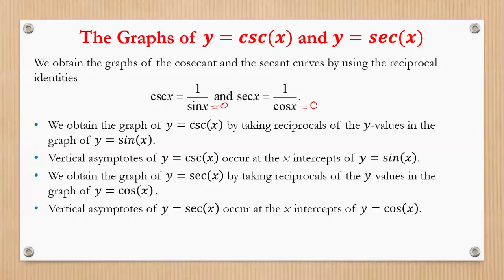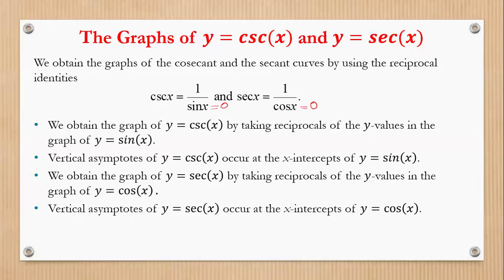First, we can graph them by creating a table of values, finding the asymptotes, and just plotting the key points on the function, finding the y values and graphing them. Or we have another method, which is that we graph sine and cosine, because we know secant and cosecant are the reciprocals of sine and cosine.